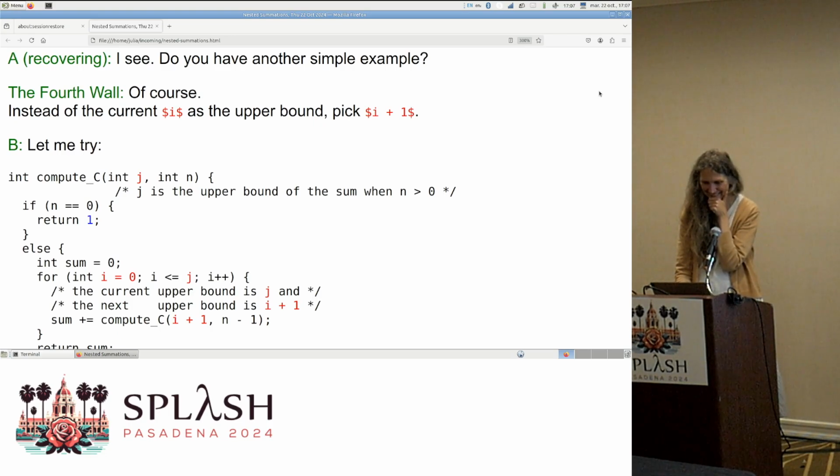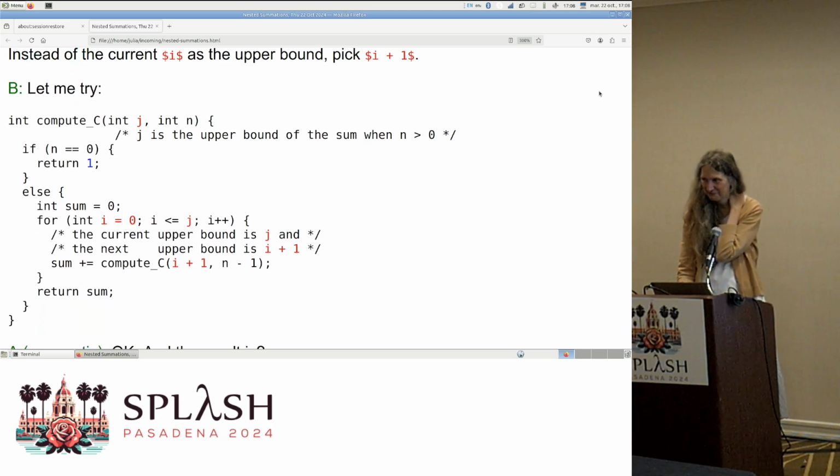Of course! Instead of the current i as the upper bound, pick i plus 1. Let me try. Int compute C, int j, int n, where j is the upper bound of the sum when n greater than 0. If n equals 0, then return 1. Else int sum equals 0, for int i equals 0, i less than or equal to j, i plus plus.